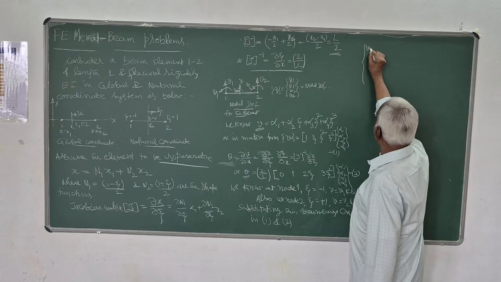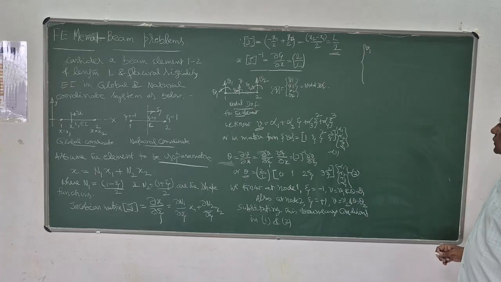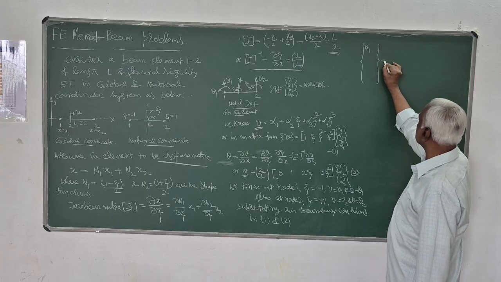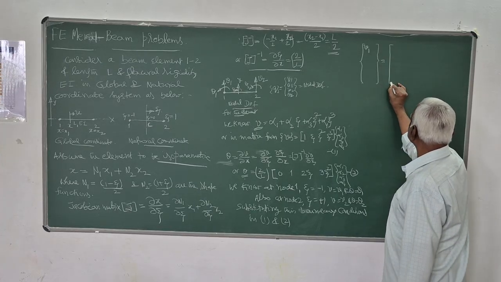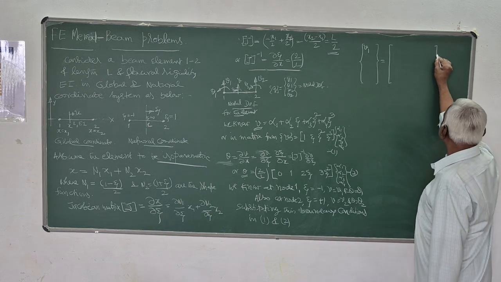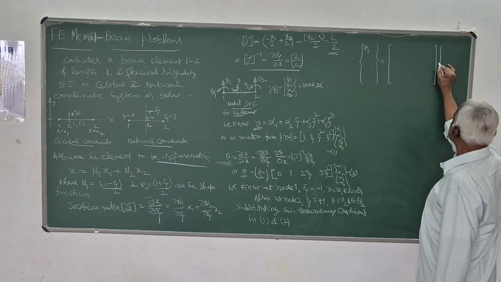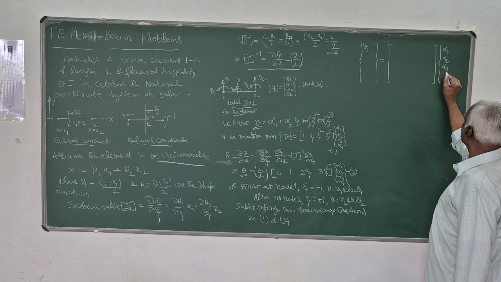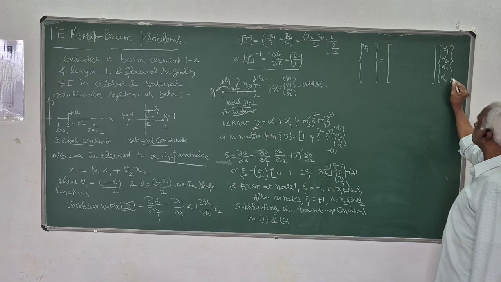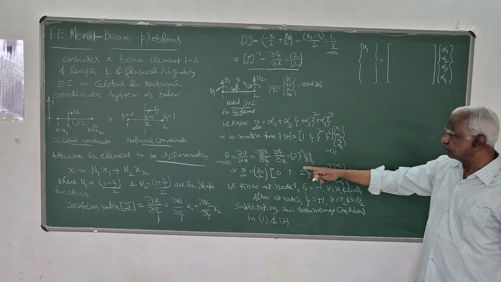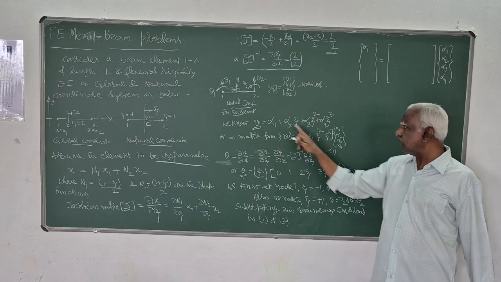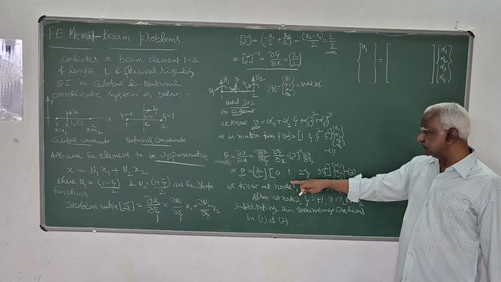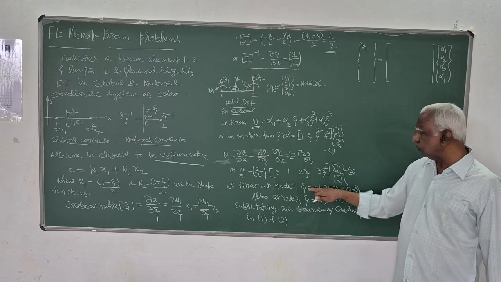So at node 1, V is equal to V1. I will write it in the matrix form right away. Like this, alpha 1, alpha 2, alpha 3, alpha 4. So at node 1, V is equal to V1. I am applying the equation 1. At node 1, V is equal to V1, xi is equal to -1.